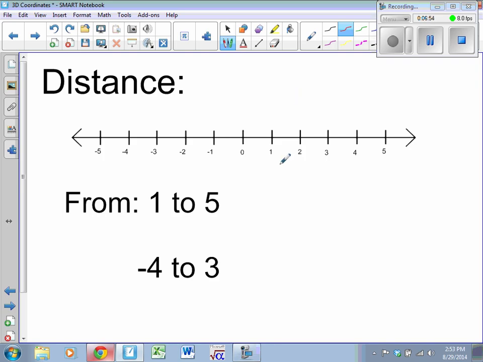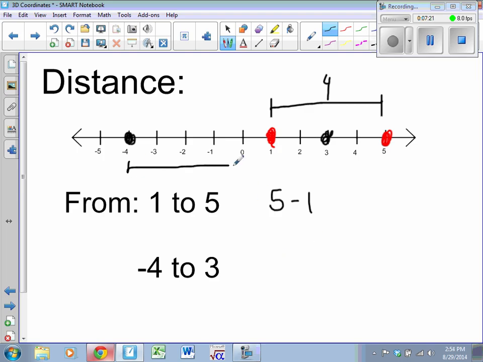If we have the distance between 2 points, if I want to know the distance between 1 and 5, we would say the distance is 4. We would find that by taking 5 minus 1. Pretty simple. If I said, what's the distance from -4 to 3? That would be 7, and we get that by taking 3 minus -4, which is 7.